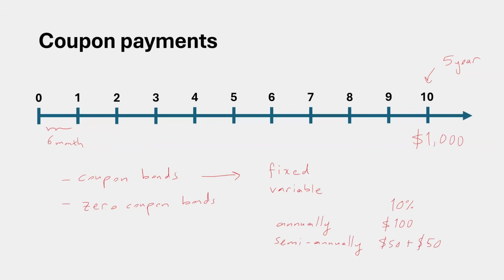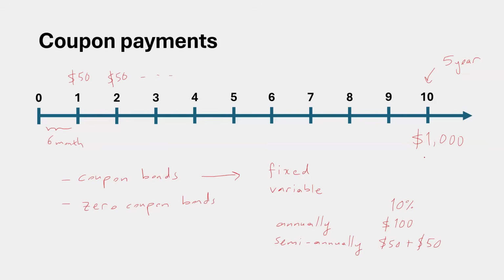So over the course of the year, in total, you will get $100. So for the semi-annual coupon bond, you have $50 every 6 months.